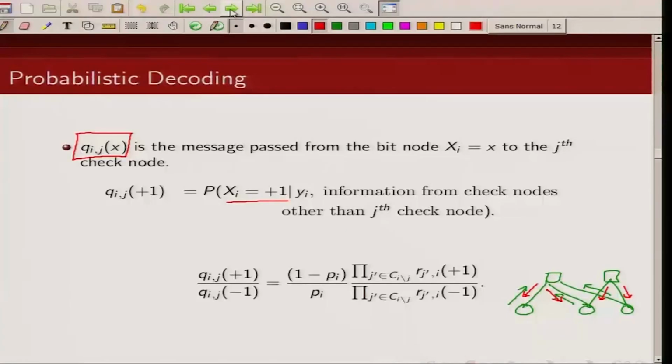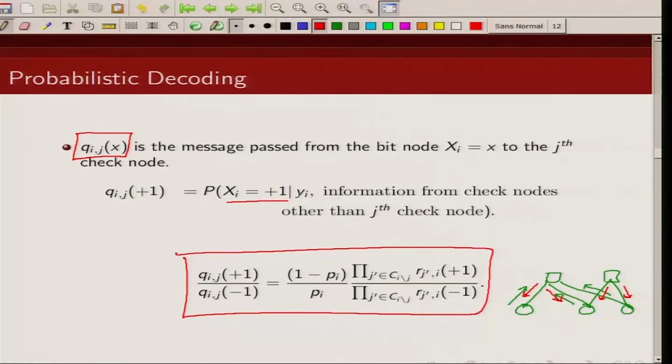So, what is happening is that when you are decoding, because each bit is participating in multiple parity check equations, you are getting some independent information from other parity check nodes, and you want to pass that information and spread it around in this network, and this probability is given by this expression.